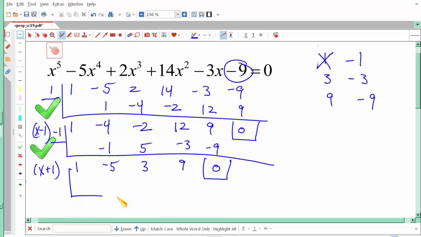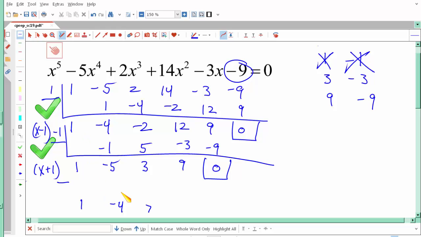So since that worked, I'll try negative 1 again. Does not work. So now I'm done with negative 1.